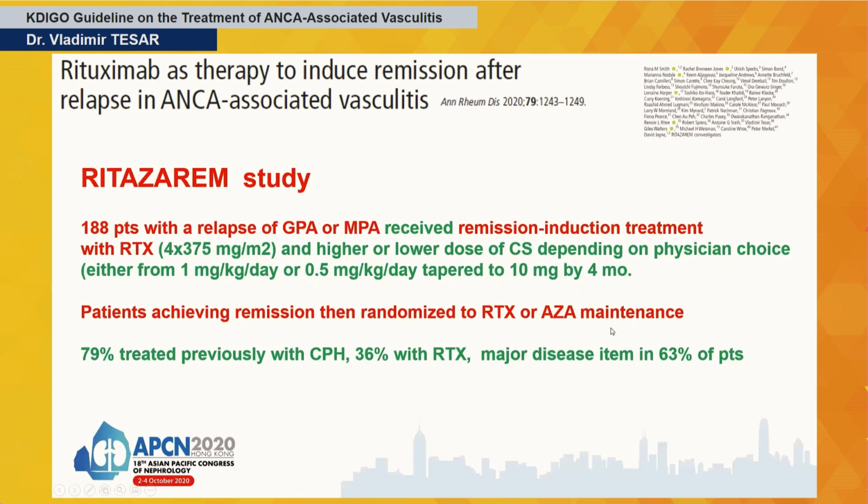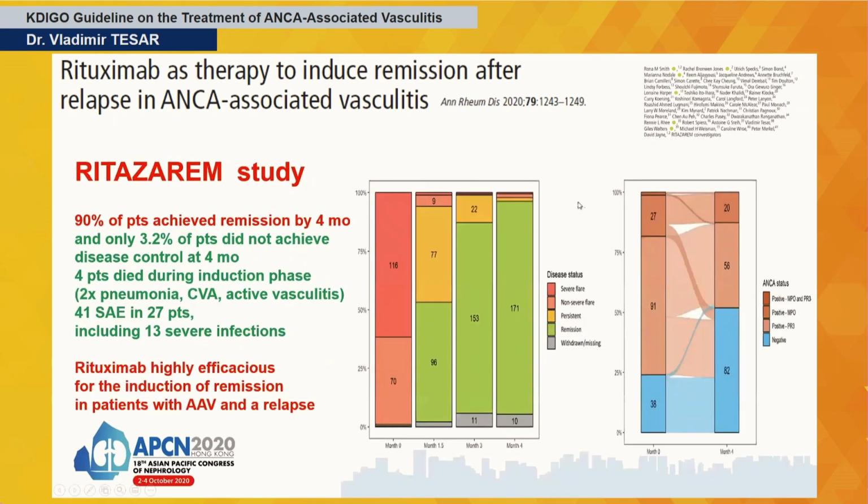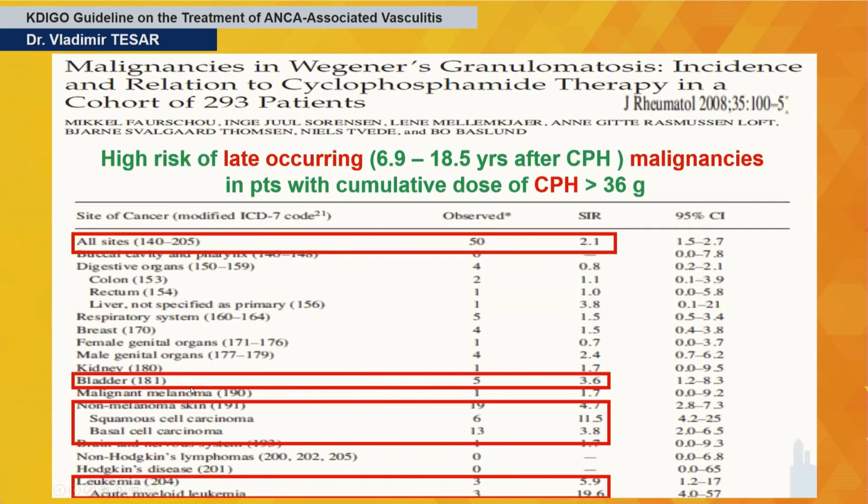You see here that the response to rituximab was very good. 90%, the green field, of patients achieved remission by 4 months, and there were many more patients who became ANCA negative within these 4 months. The treatment was well tolerated with a relatively low rate of infectious complications. The conclusion was that rituximab is highly efficacious for the induction of remission in patients with AAV and relapse.